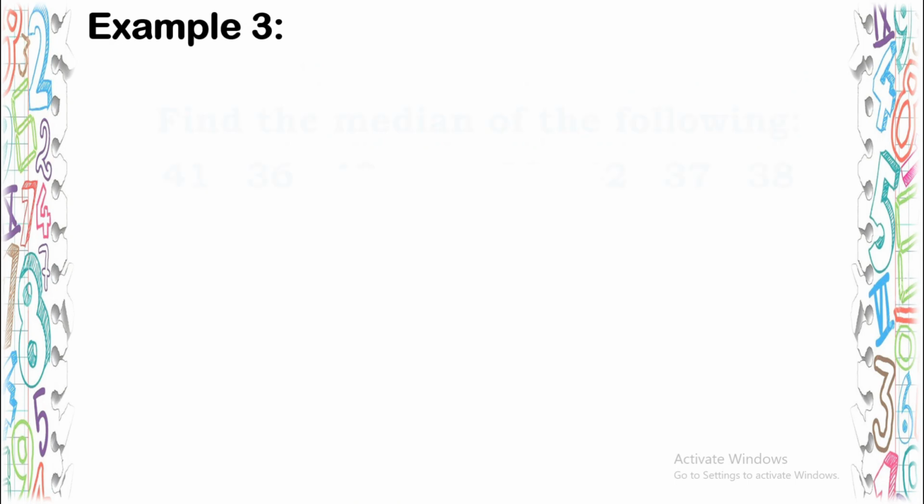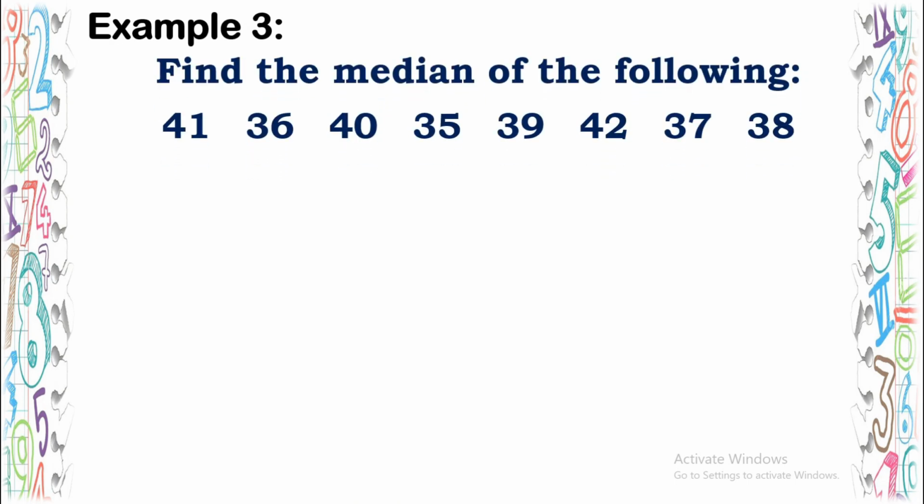Another example, find the median of the following data: 41, 36, 40, 35, 39, 42, 37, and 38. Let's see the solution. Since the given number of observations is an even number, we use the formula n over 2.